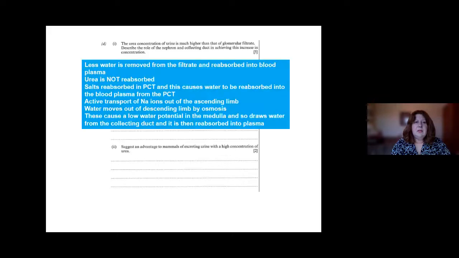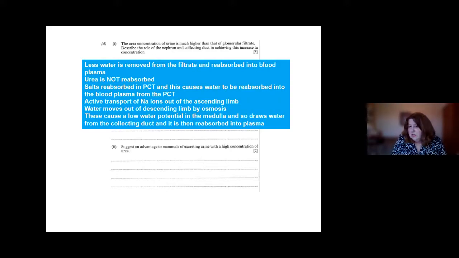So let's have a look. Quite a lot of information there. Less water being removed from the filtrate and reabsorbed. Urea, remember, is not reabsorbed; it appears in the urine. Salts are reabsorbed in the proximal convoluted tubule, and of course that means water is reabsorbed into the blood plasma as well. There's active transport of sodium ions out of the ascending limb.